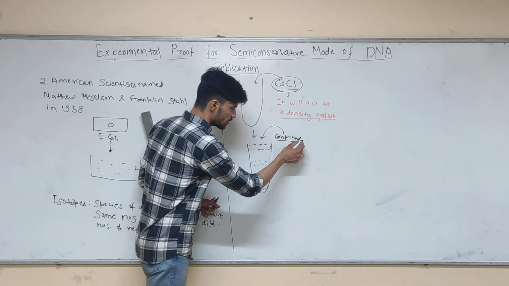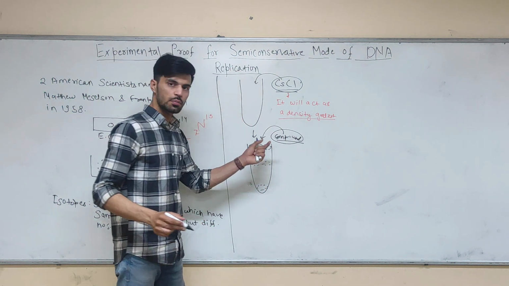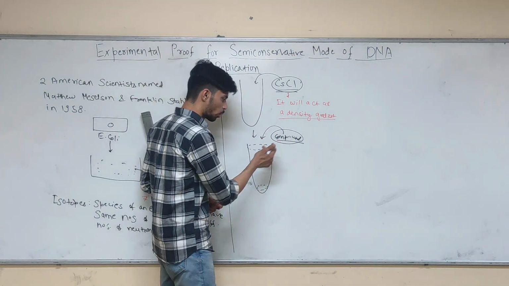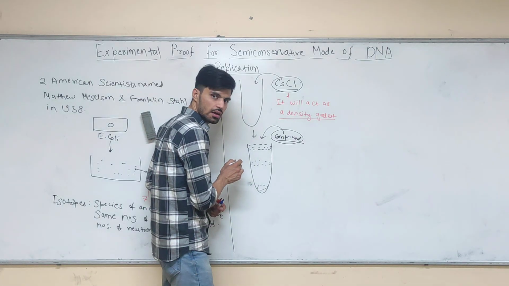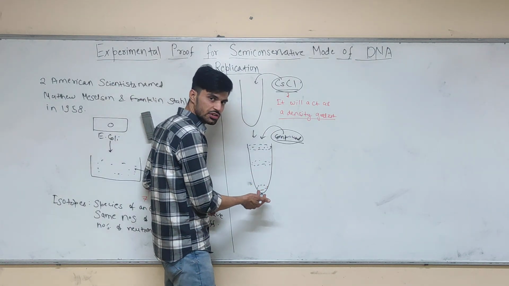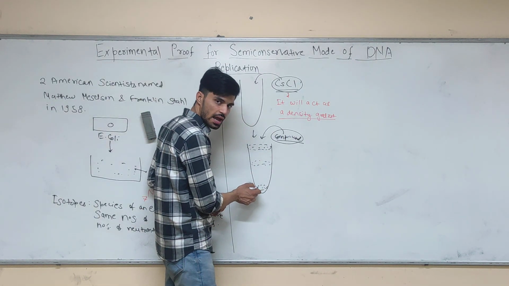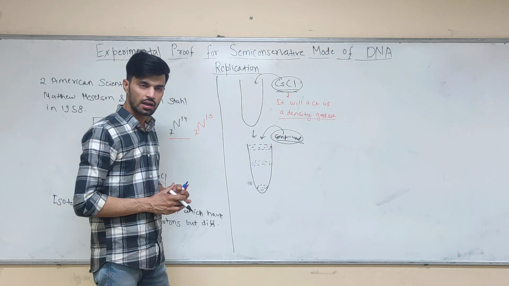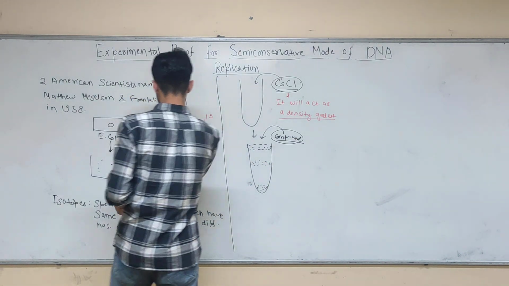For example, if in this compound there are many molecules of light density, then the light density molecules will settle down here, likewise heavy density particles will settle down here, and the medium type of particles will settle down there.